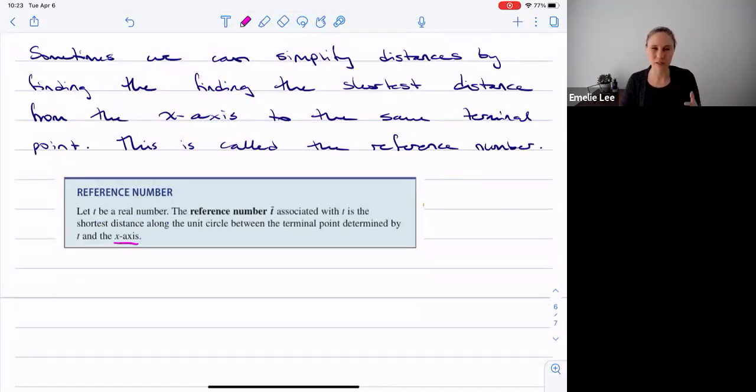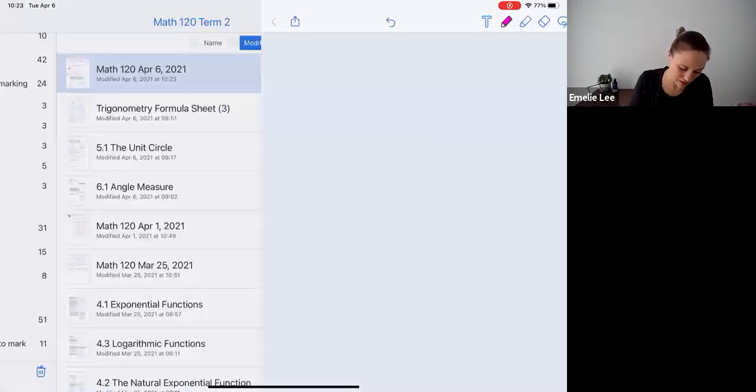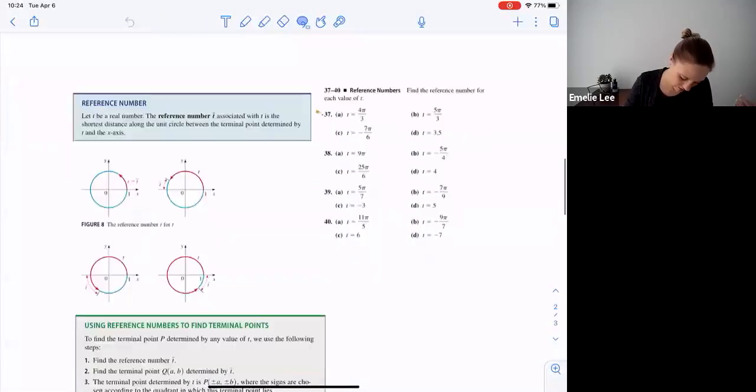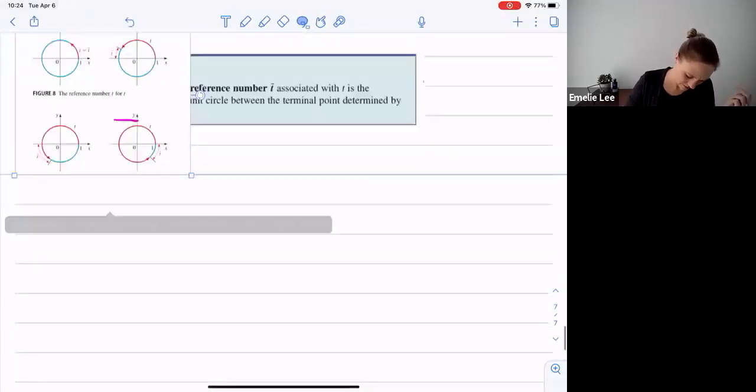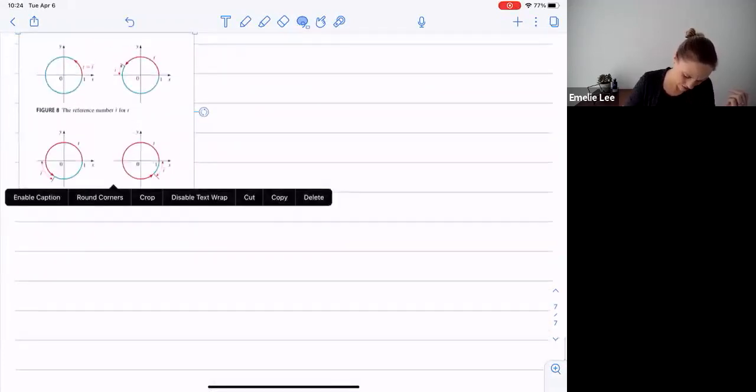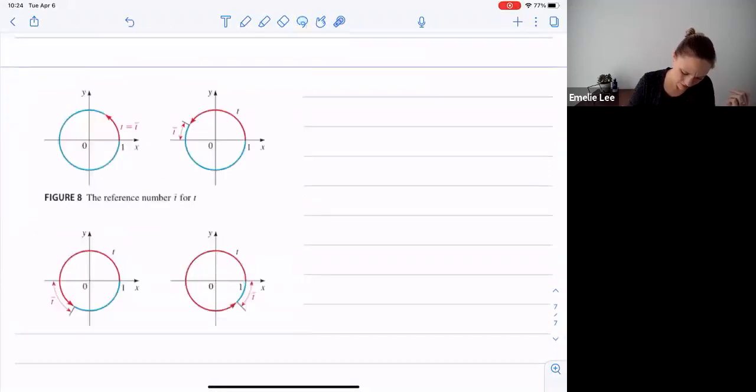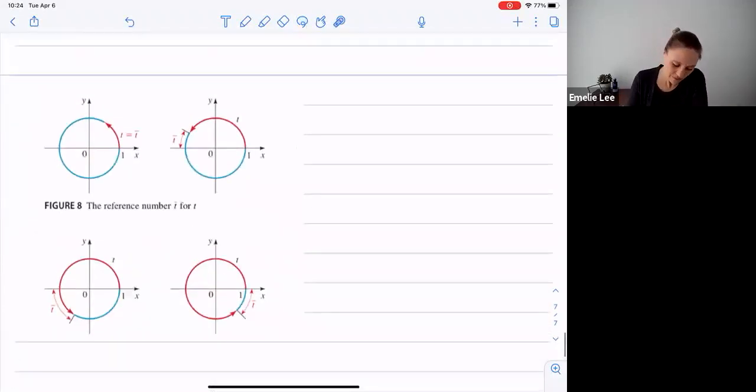I've got a couple of examples here because it depends on what quadrant you're in. In quadrant 1, the shortest distance from the x-axis is just whatever the distance is, so the reference number is itself. In quadrant 2, instead of measuring this distance, I could just as well end up there from the x-axis going up here, and sometimes that's easier.